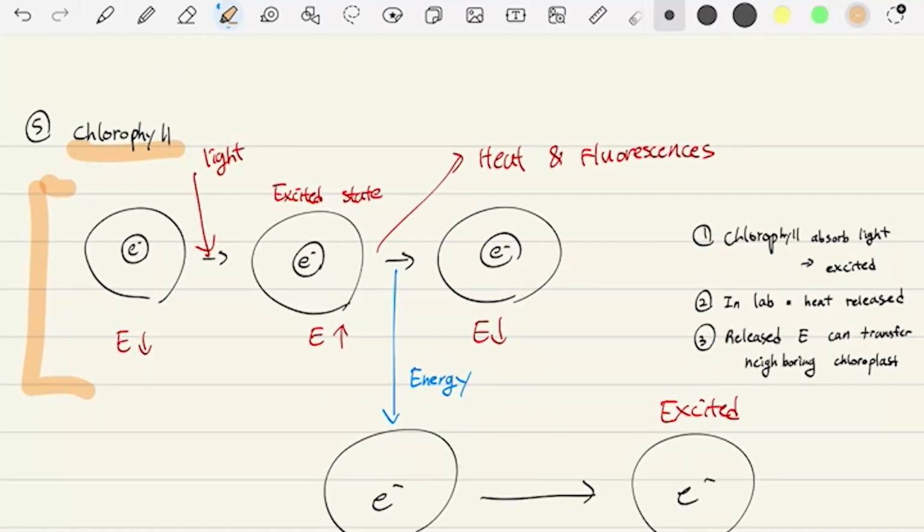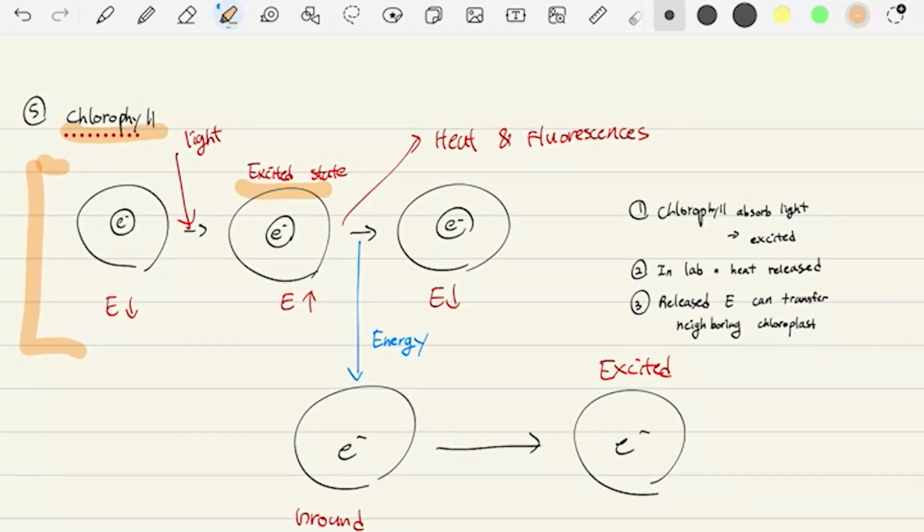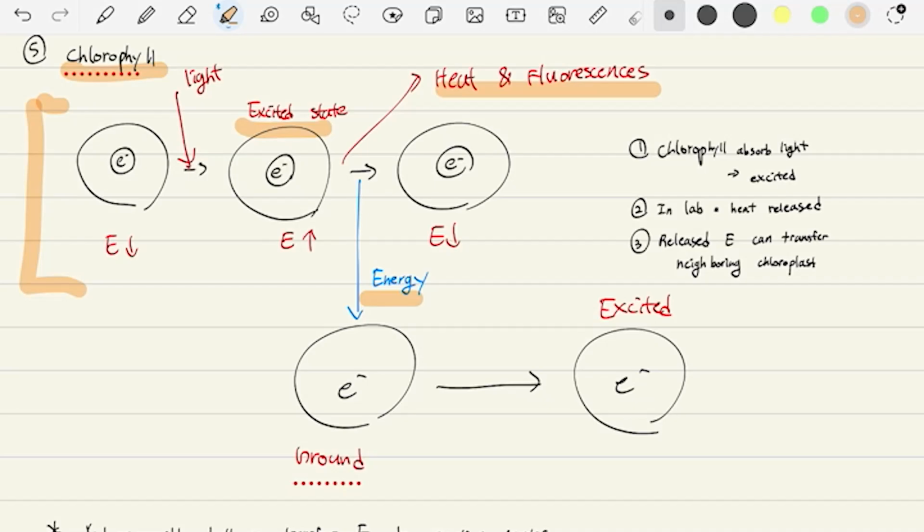When the chlorophyll absorbs the light, it turns into excited state, and they emit heat and fluorescence, and they also deliver energy to the nearby chlorophyll. And once they deliver the energy, the chlorophyll right next to them will be excited state chlorophyll again, and the chlorophyll that donated the energy will turn into a regular chlorophyll.